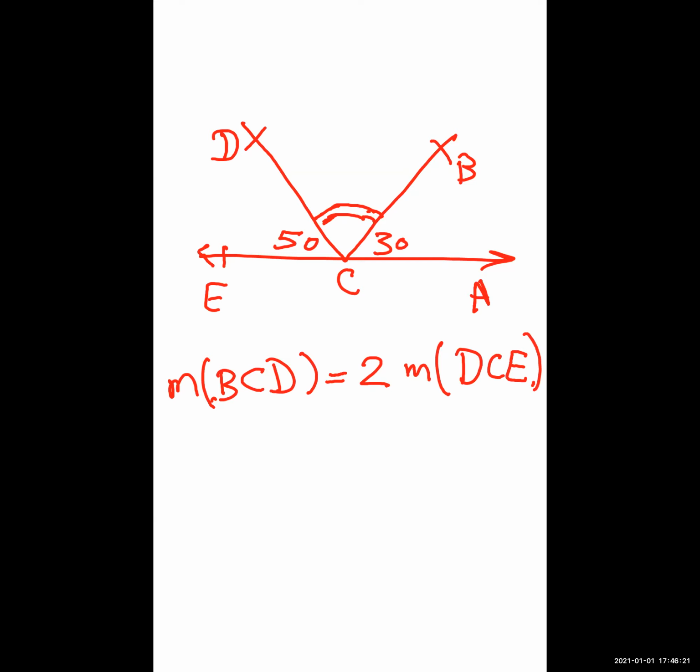Okay, it's a given like this. So I want to know if CA and CE are on the same straight line or not, and why.